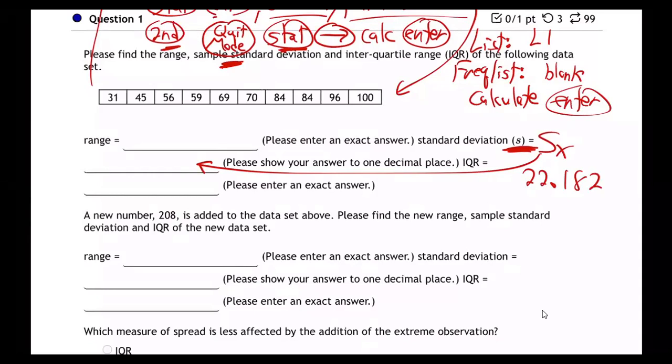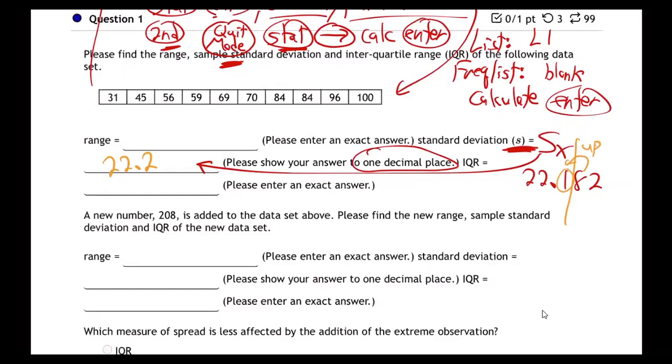Notice, round your answer to one decimal place, right? Remember how rounding works? You just draw a line after the first decimal place. If the number that comes after is 5 or more, this goes up, doesn't it? So it's going to be 22.2.